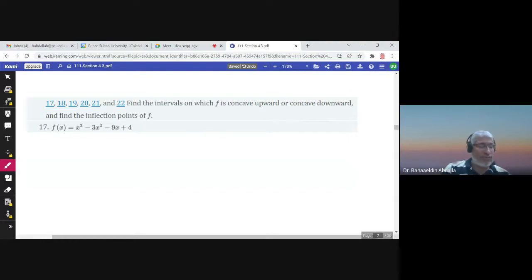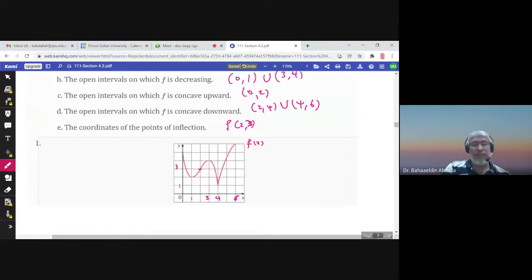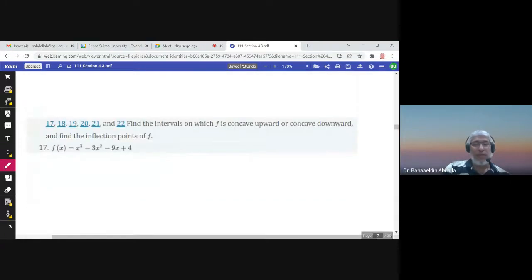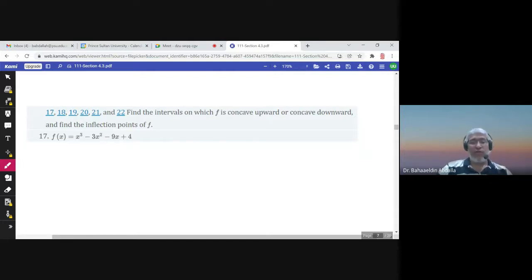Okay, question 17. What is the question? Find the intervals on which f is concave up or concave down, and find the inflection points. All right. What do we need to do? f prime is okay. No, we need f double prime.